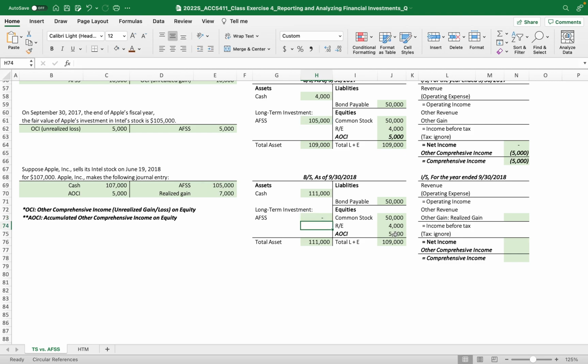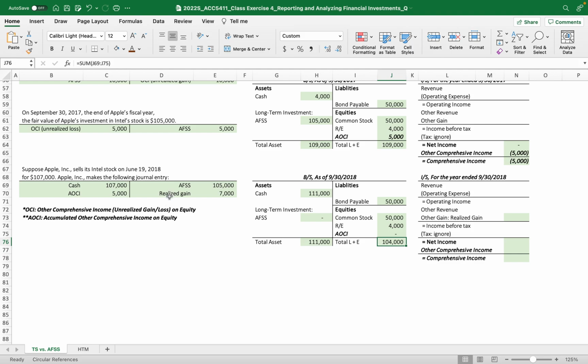And for AOCI, we do not put this OCI 5,000 here as other comprehensive income. There's no longer unrealized gain or unrealized loss, right? We directly reduce this AOCI 5,000 because it's no longer unrealized gain.